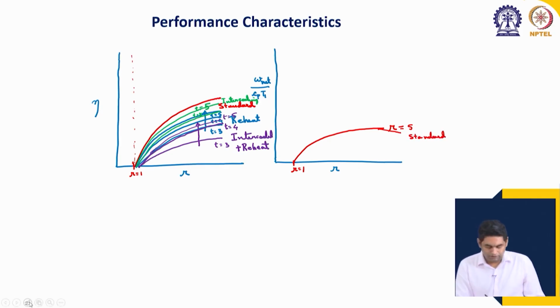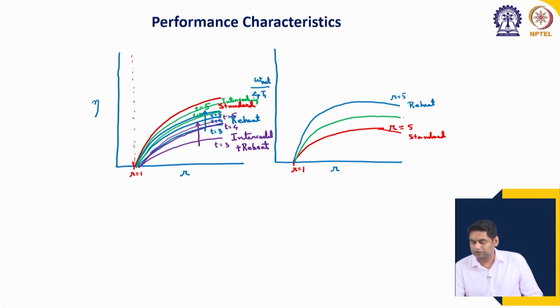We know that reheating increases the work output significantly. So, same R equal to 5 reheat. Intercooling is somewhere in between. So, it has a positive effect, but not as strong as reheating.